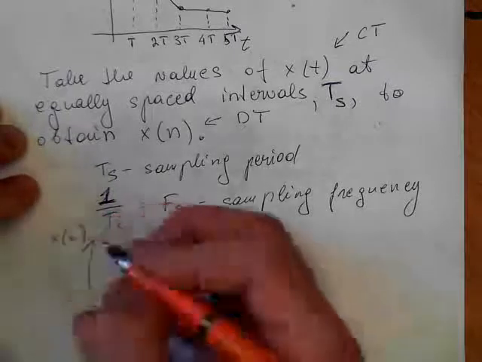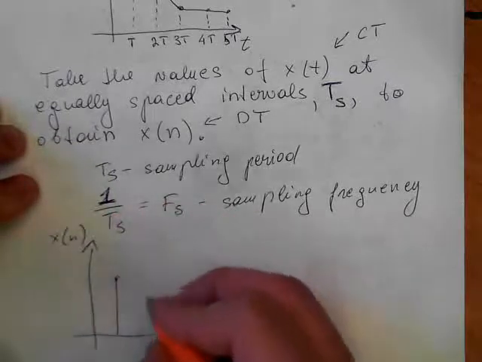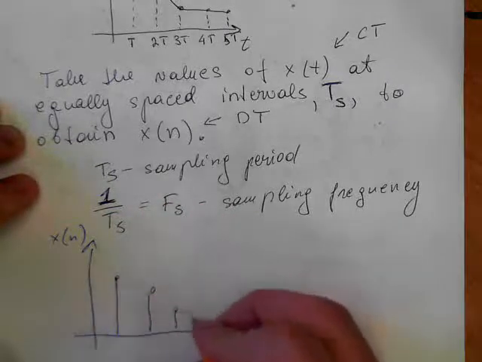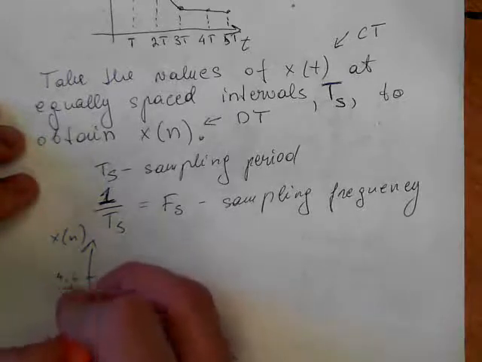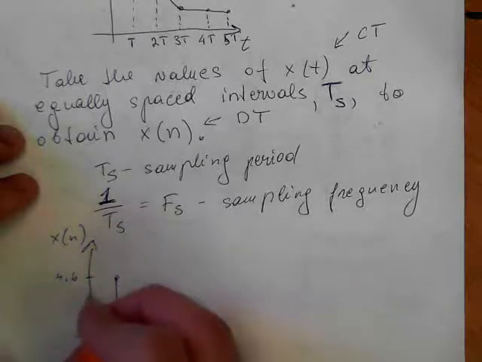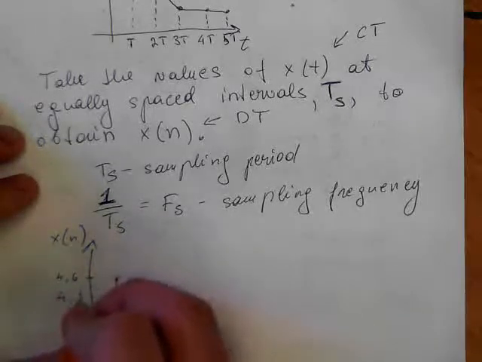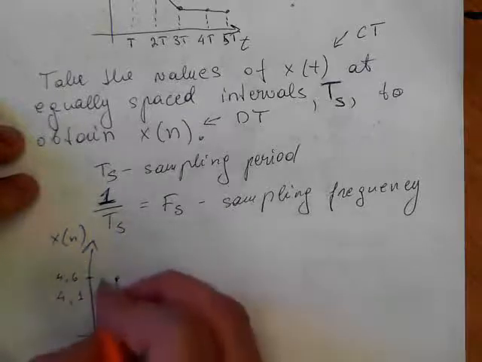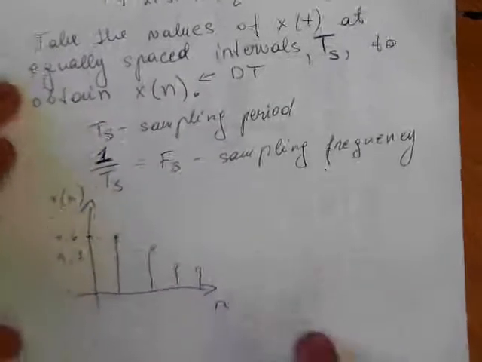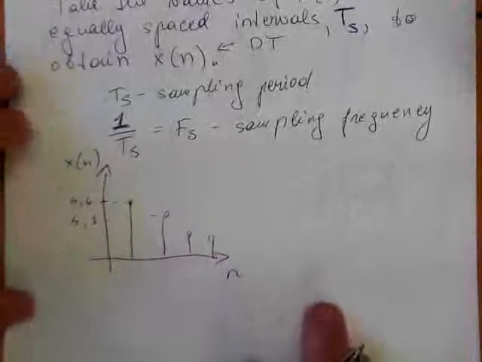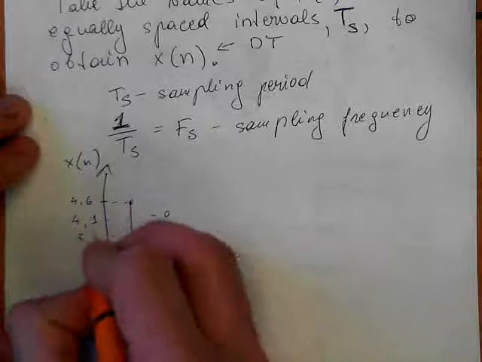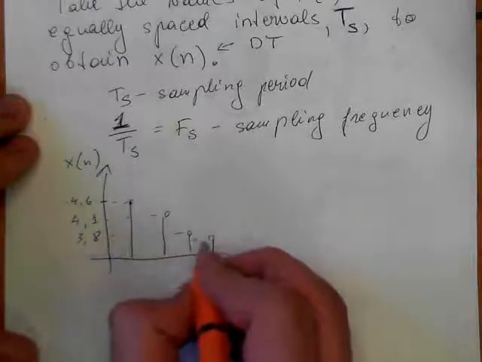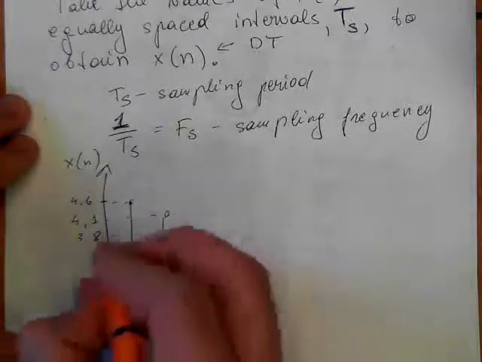After performing this operation, we produced the signal. This is n, this is x[n], but these samples have values. Let's say this has 4.6, this has 4.1, this has 3.8, and this has, let's say, 3.7.